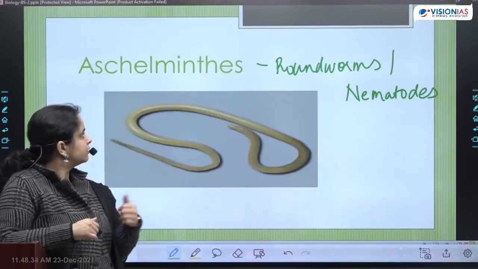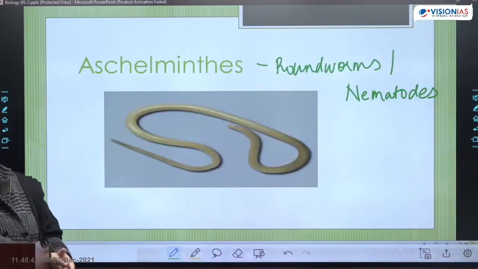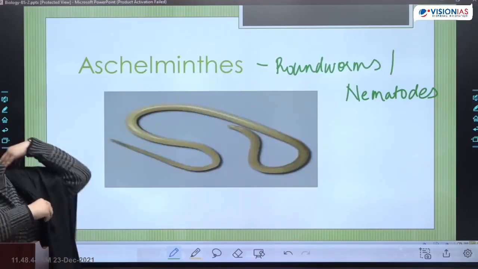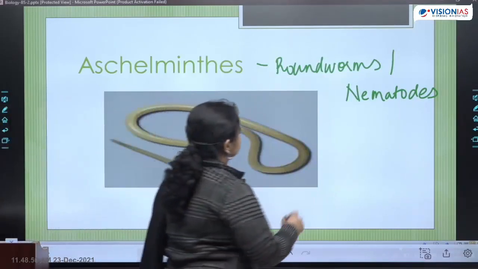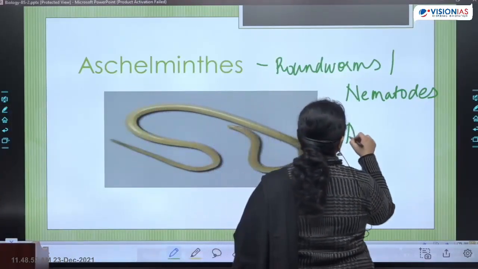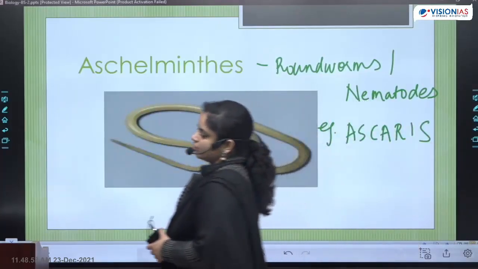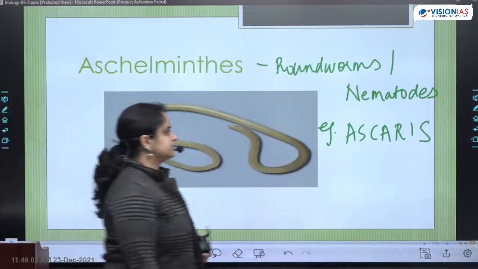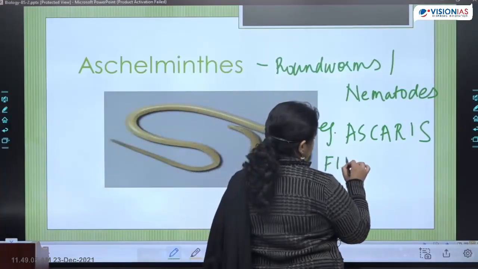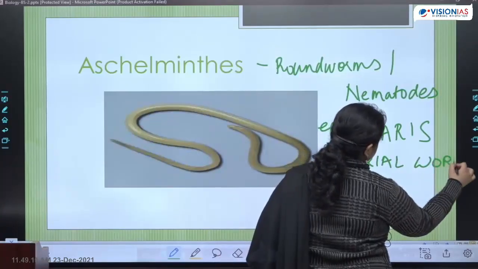Okay. Write down Aschelminthes, roundworms, nematodes. Their body is circular in cross section, and the sexes are separate.